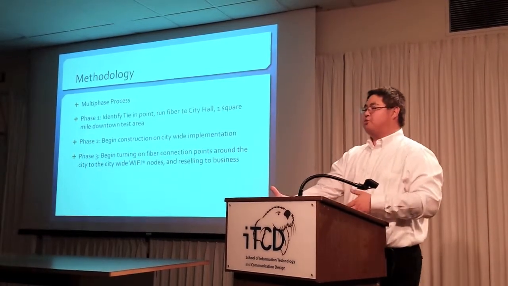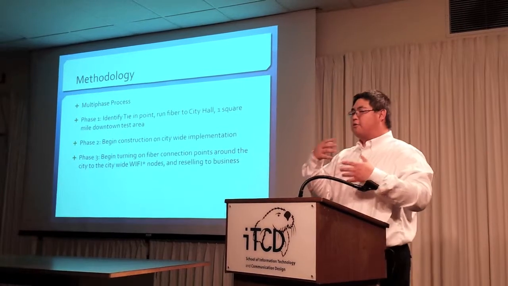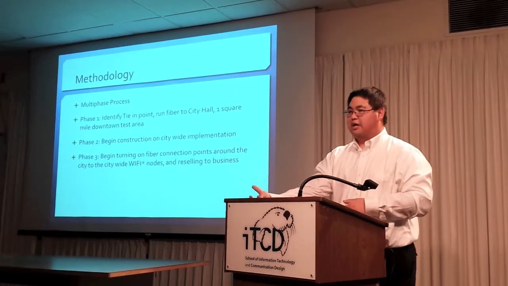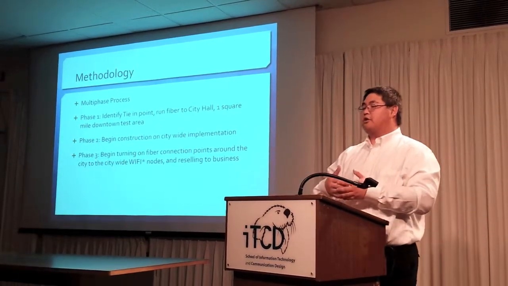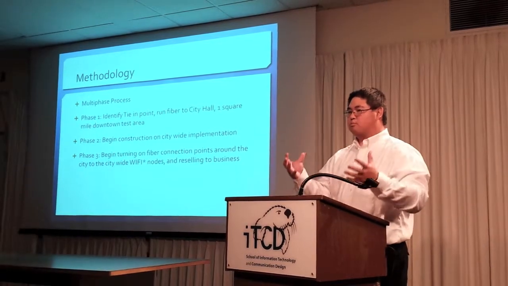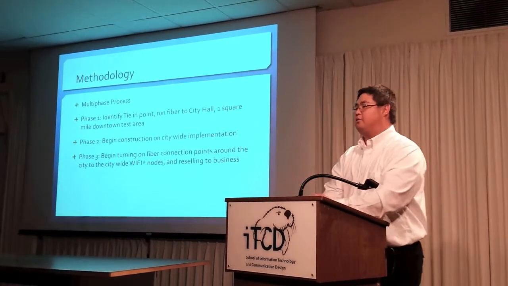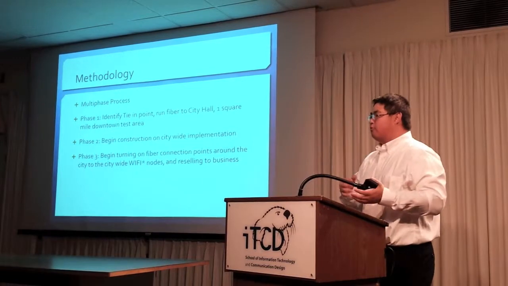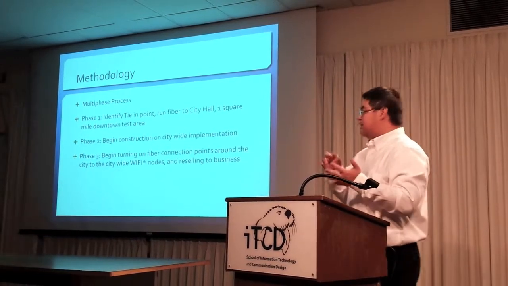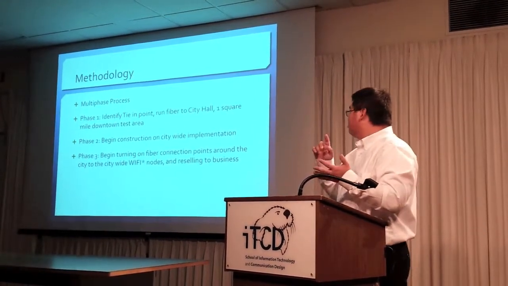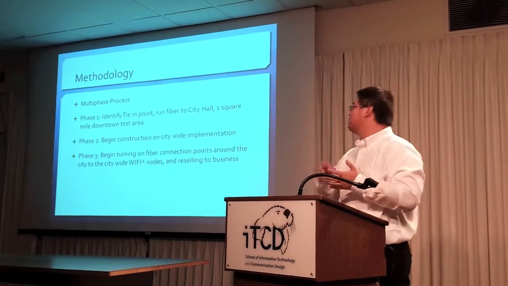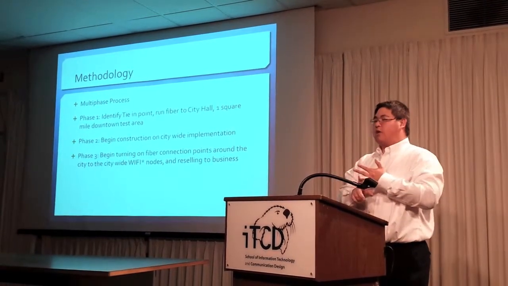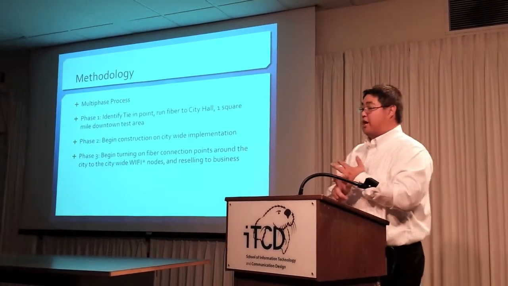So my methodology was, first off, it has to be a multi-phase project due to the immense cost, if you will. So phase 1 would be to identify a tie-in point, run fiber to the City Hall, and have it run a 1 square mile around the downtown area.